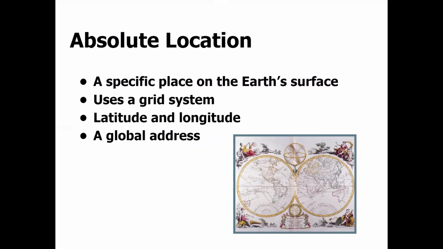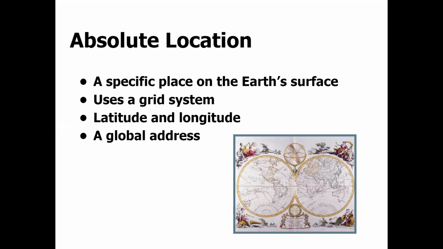Okay, so first let's define absolute location. It is a specific place on the Earth's surface. To find that, we use a grid system. Now, if you look over here to this map, this would be an example of a grid system on a map. Do you see these lines that they draw in?